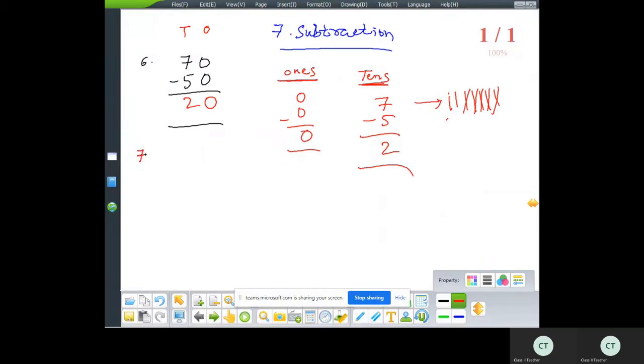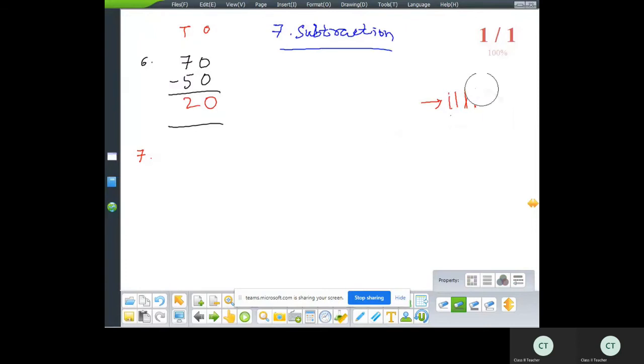Now question number 7. 89 minus 18. Write the place values, ones and tens.